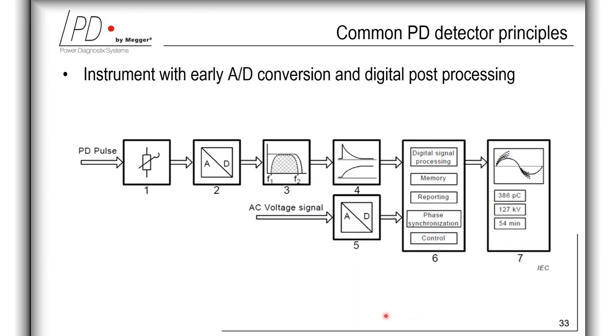Following the ideas of IEC 60270, the so-called quasi-integration using a low-pass filter is sufficient. And therefore, this F2 of the filter block already takes care of the integration. And here the added numerical integrator is obviously not needed.